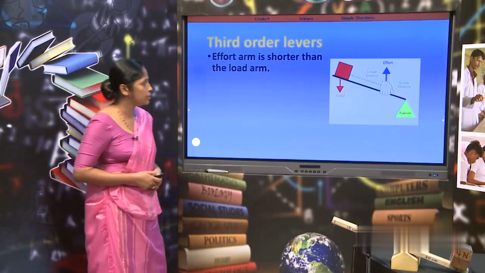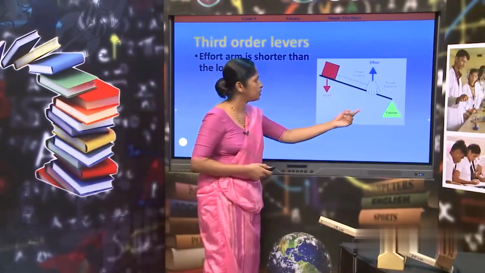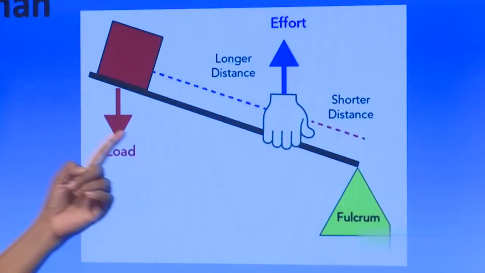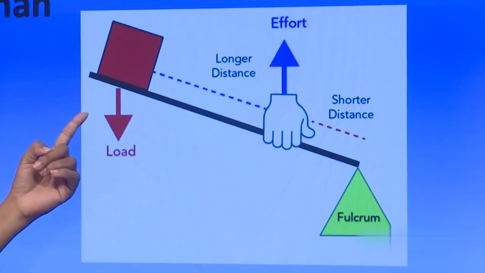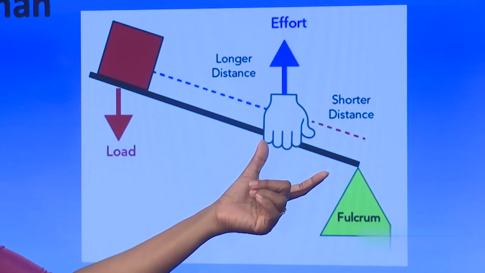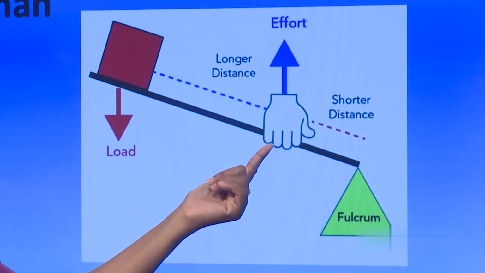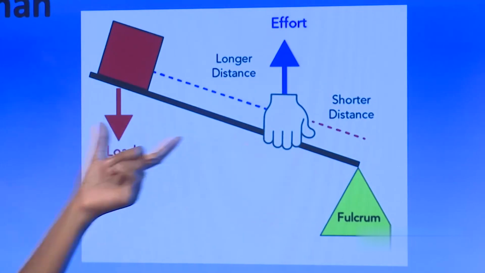In third order levers, it is a little bit different. You can see fulcrum and load. The load arm is greater than effort arm, fulcrum and effort. Effort arm is smaller than load arm.